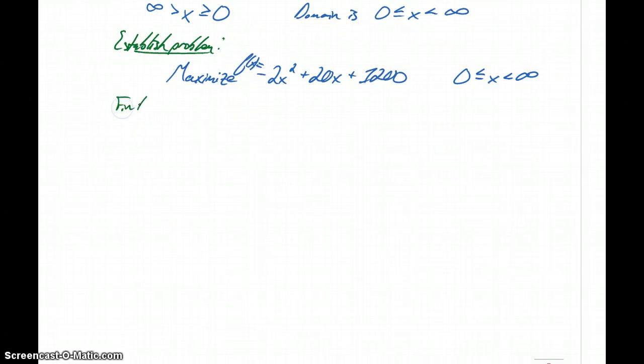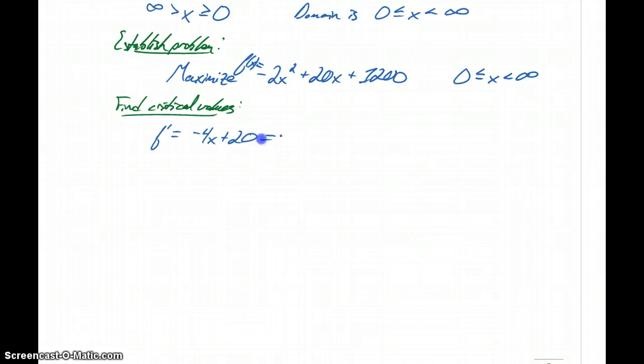So the next thing we want to do is, again, find any critical values. The derivative of our function is going to be negative 4x plus 20. Setting that equal to 0 is going to give us a value of x equals 5.